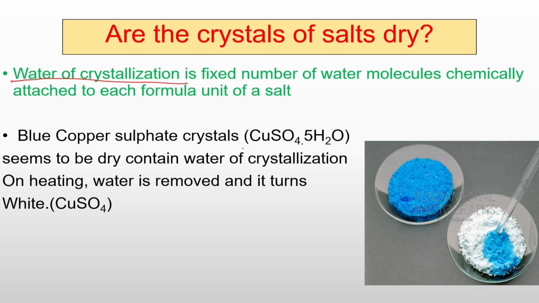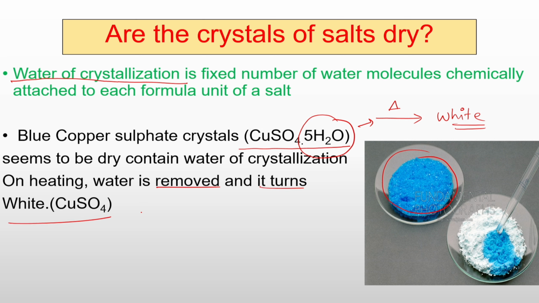Just like we have copper sulfate dot 5H2O, that is called copper sulfate. These crystals are a very bright blue color because of the 5 water molecules. When you heat copper sulfate, it becomes white. Why? Because it loses these five water molecules. On heating, water is removed and it turns white.